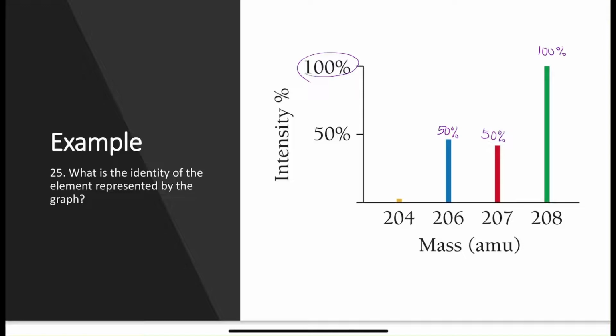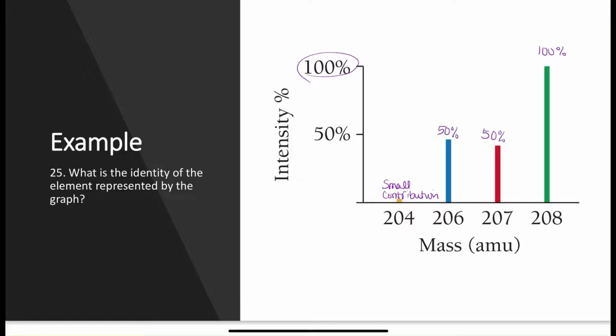And then we have a small contribution here at 204. The way I would do this is I would think, okay, 208 is contributing about half the mass to that. 206, 207 contributing the next part to it.